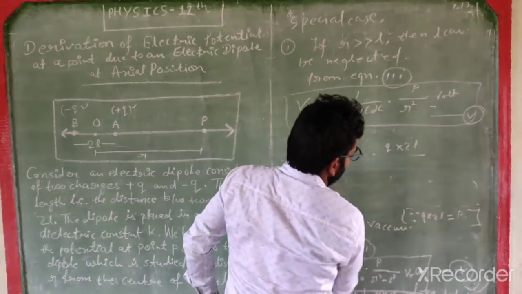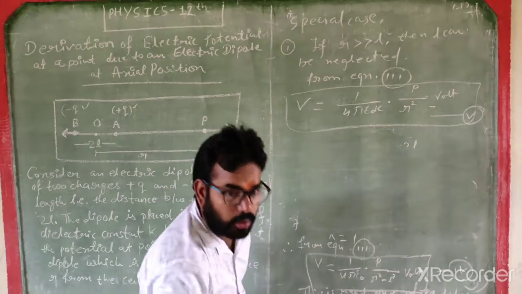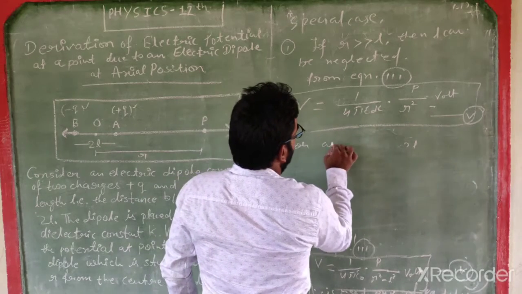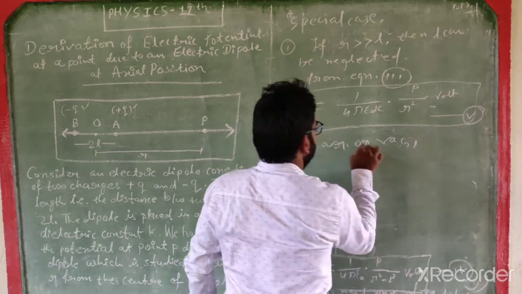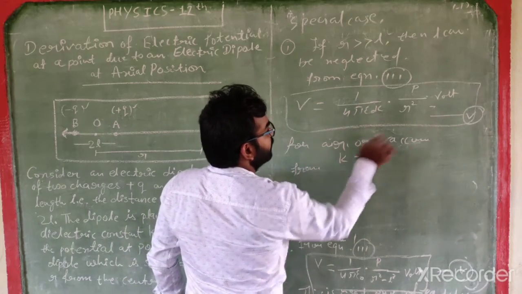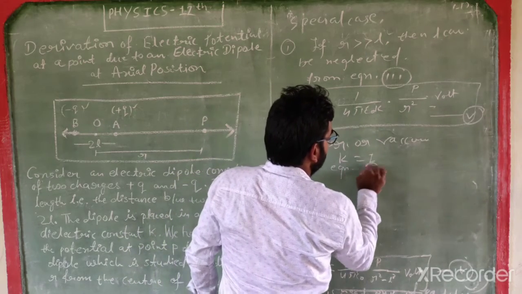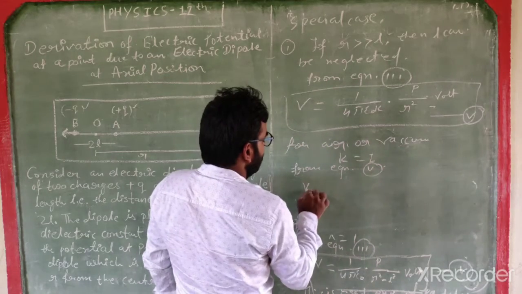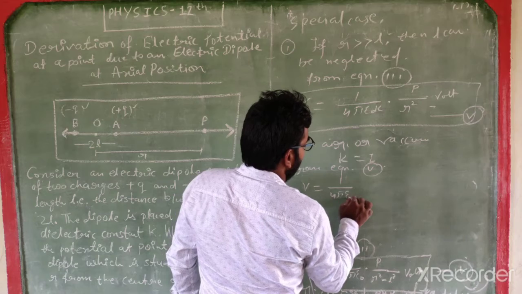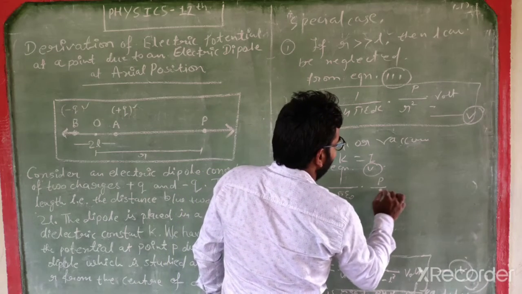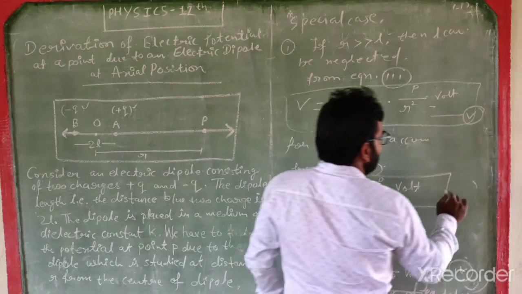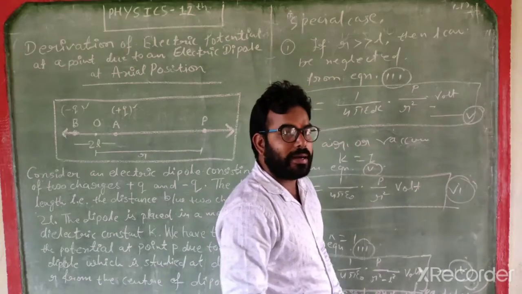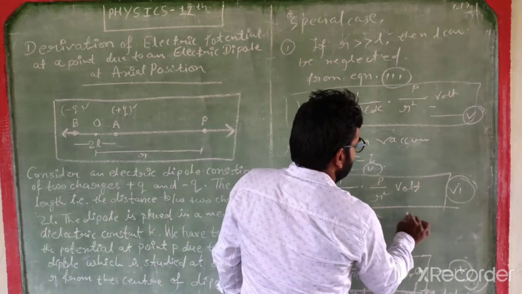For air or vacuum, K is equal to 1. So from equation number 5, V is equal to 1 upon 4 pi epsilon naught into P by R square volt. Equation number 6. This is also a required expression of electric potential.